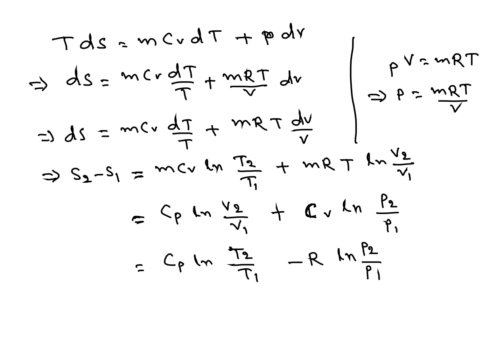Three relations are there, but in our question temperature is available and it's rigid, so V1 equal to V2. Pressure P2 is not given, so you cannot use the other ones, only the first one is possible.